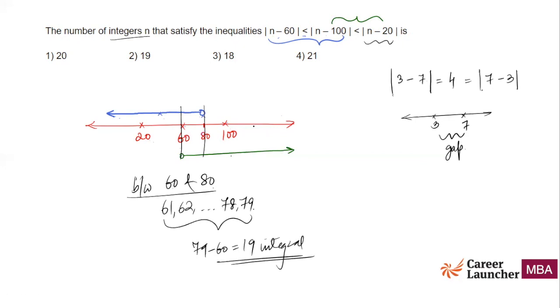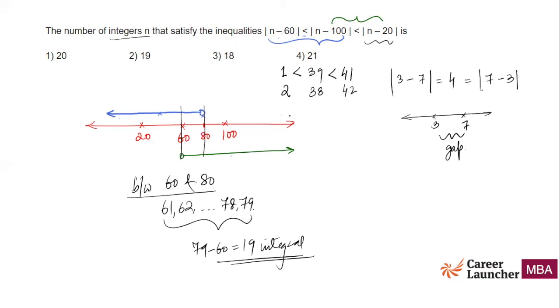Let's put these values and try. 61 minus 60 is 1. 61 minus 100 is 39. There is a mod, so I'm ignoring the signs. And 61 minus 20 is 41. Great. If I put 62, this increases, this decreases, and this increases. What if I put 79?